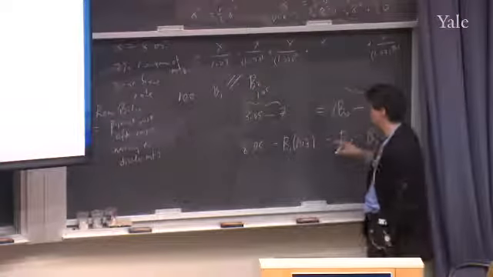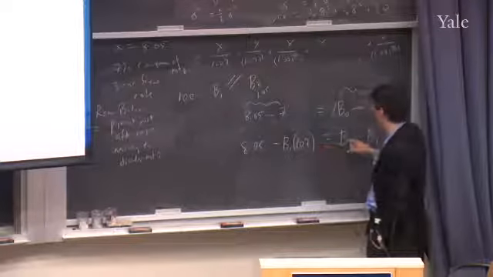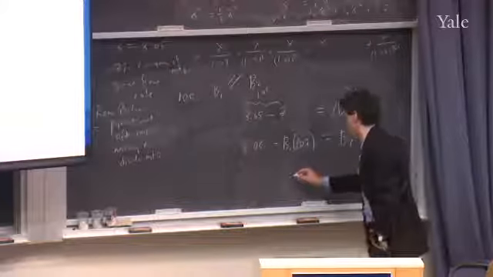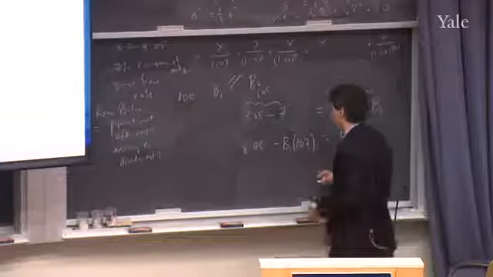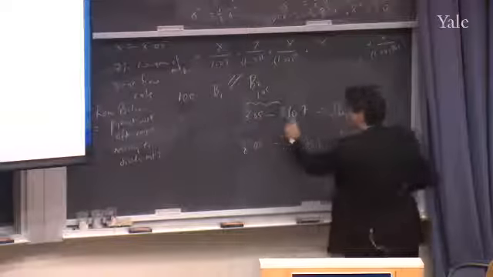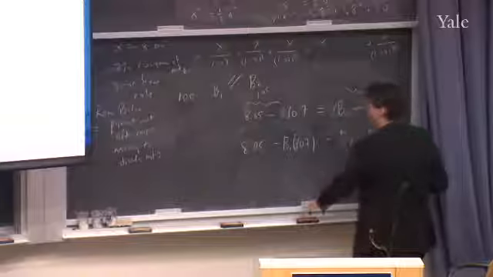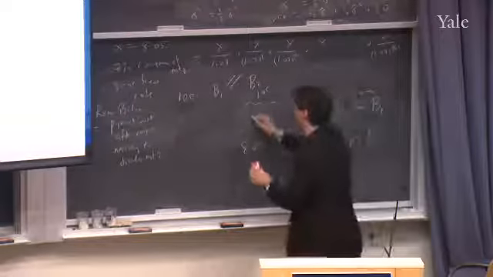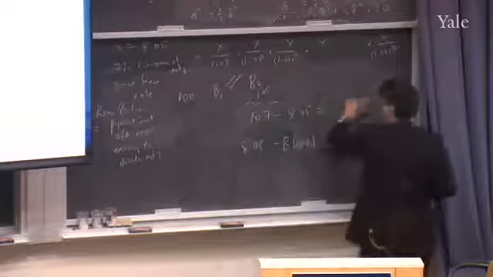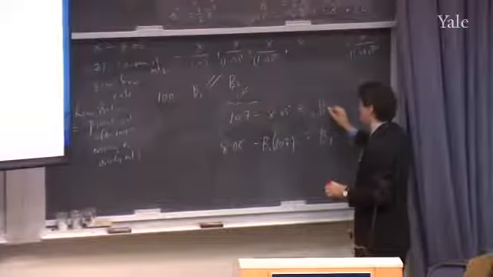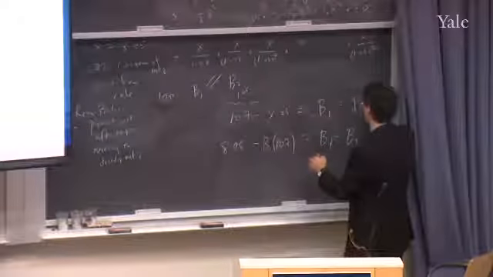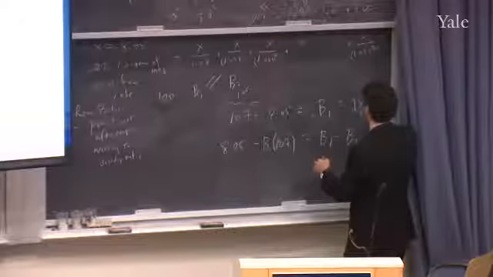If I write it this way, 107, he got paid 8.05, I'm just rewriting the same thing. 107 minus 8.05 is going to be the new B1, which happens to equal 98.05, something like that.